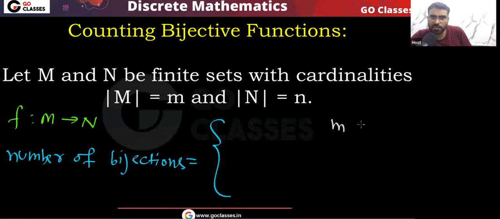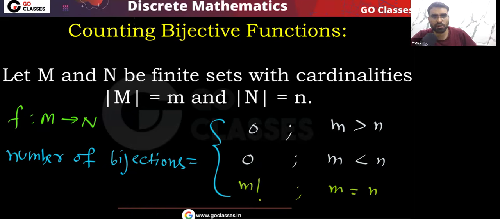Tell me, if m is greater than n, how many? 0, right? If m is less than n, how many? 0, right? But if m is equal to n, then how many? That will be m factorial, or you can say n factorial. Both are same, m and n are same. So you can say m factorial or n factorial. This is the number of bijections.